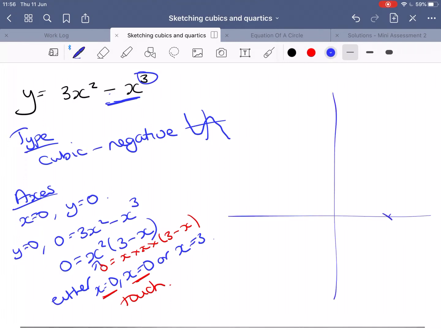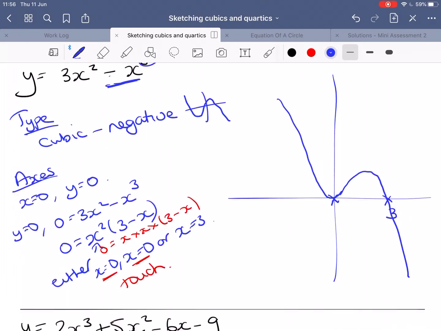I need 3 and x equals 0, but this is a touch. I know the shape because that was the first thing I decided. So it's going to come down. It's got a touch at x equals 0, which means it has to go down and then straight back up again. And off we go. And then we've got our graph.